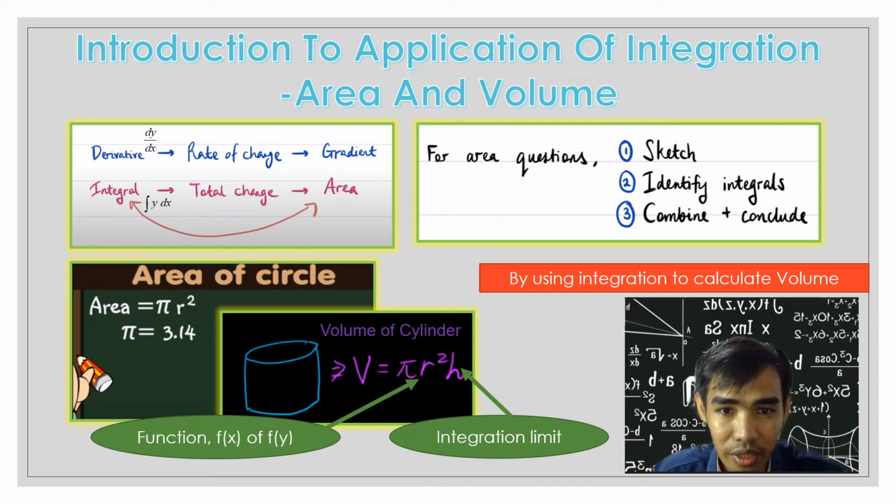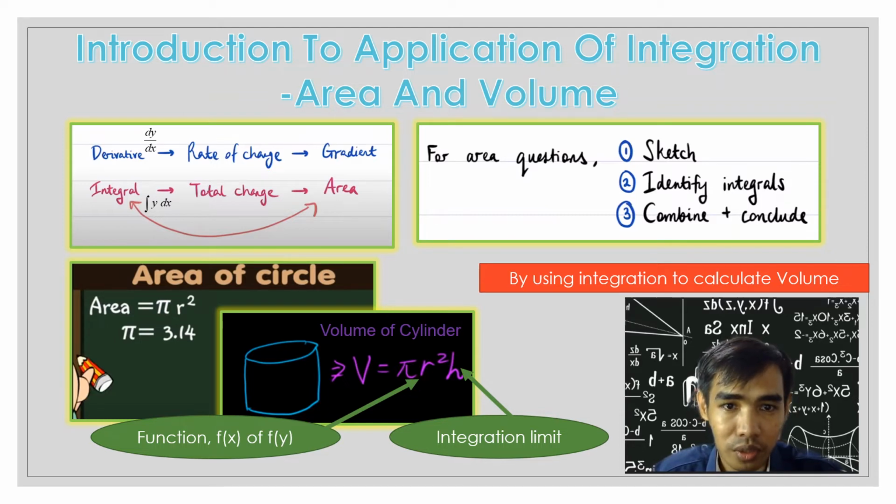For volume, we use the volume of a cylinder, V equals pi r squared h, where h is the integration limit and r we replace with the function f of x or f of y.